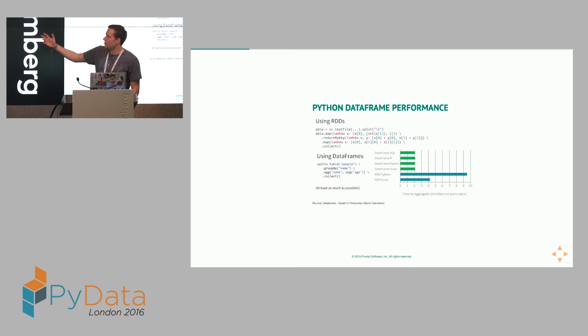This is a benchmark of using Python data frames as opposed to Spark data frames as opposed to RDDs. What you can see in this benchmark is that the Python Spark data frames have exactly the same performance in this group-by reduce operation as the native Scala code, and this is because both compile down to Java bytecode.